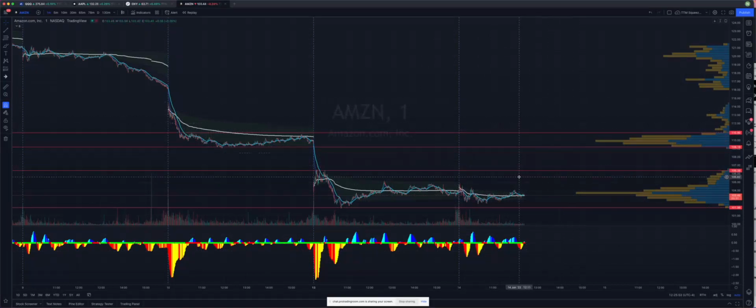But what I'm looking for is, if we get buying tomorrow, where are we going to see the first real spot where we're going to see a rejection in price?